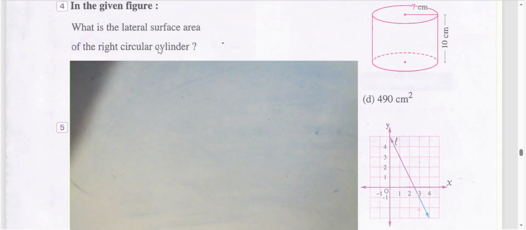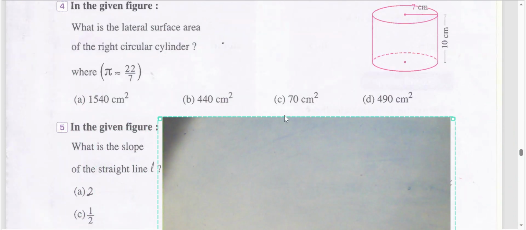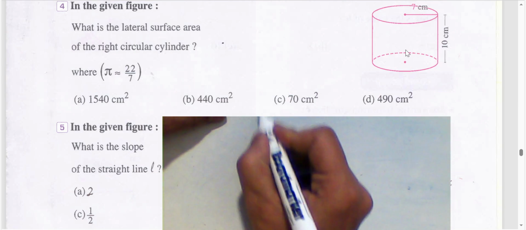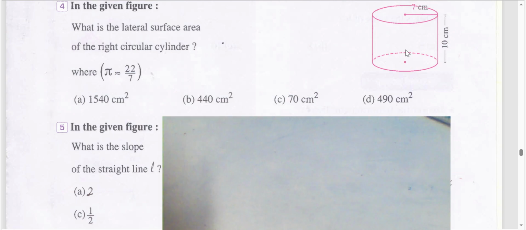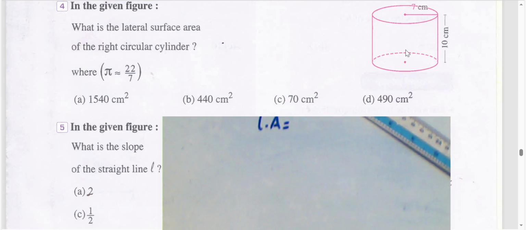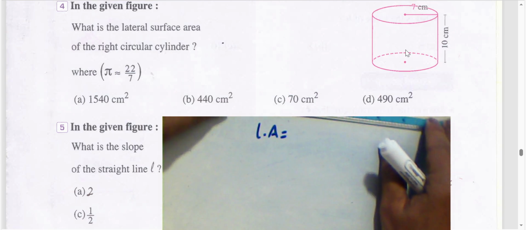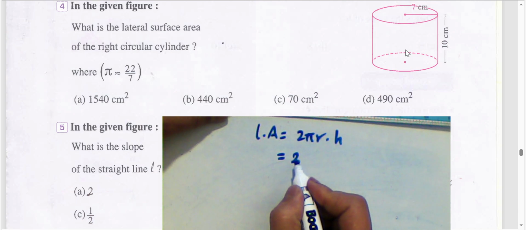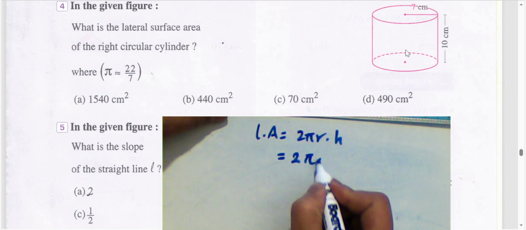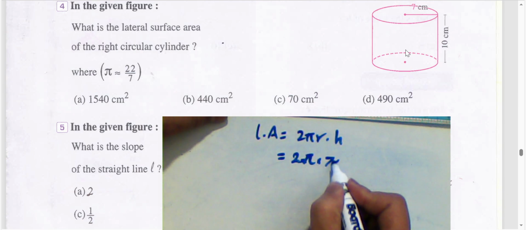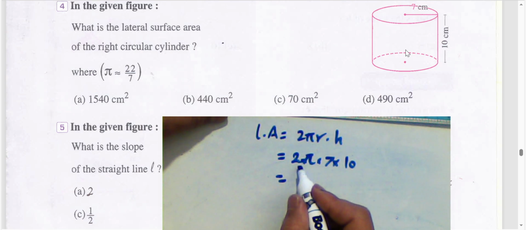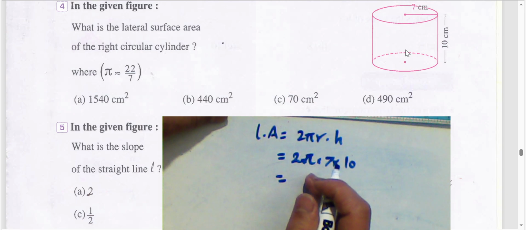Next question. What is the lateral surface area of the cylinder here? Okay, we know the lateral area, right? Perimeter of the base times the height. 2 pi r product by height, 2 product by radius which was 7, product by height 10. 2 times 7 is 14, 14 times 10 is 140. 2 pi r, and then pi is 22 over 7.